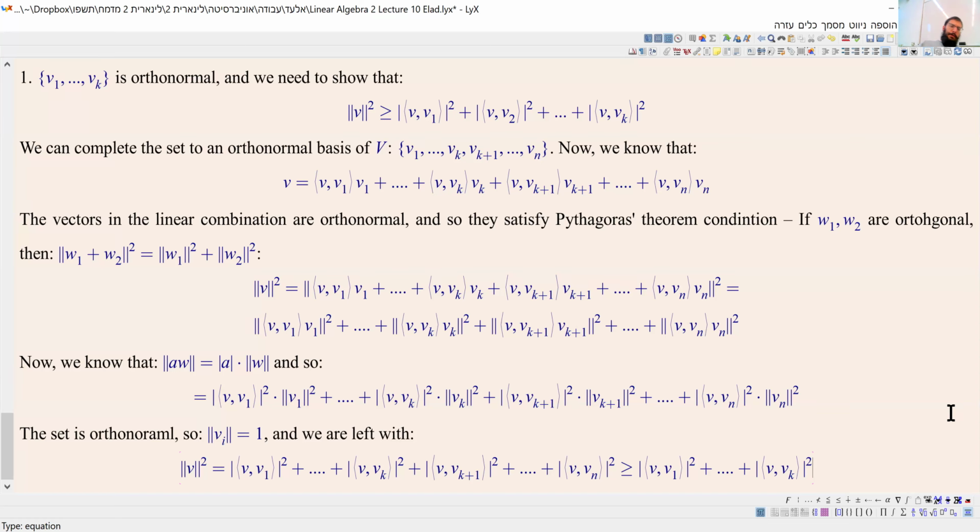So this is the main claim of Bessel, that the norm of V squared is always greater than or equal to this sum.